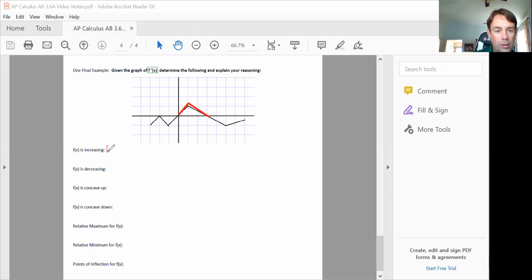So f of x is increasing. I'll just let that be the first part of what I'm writing here. From 0 to 3, because f prime of x is greater than 0 from 0 to 3.